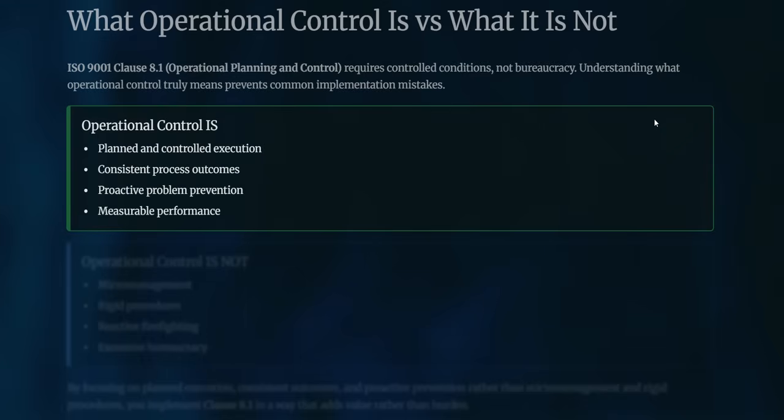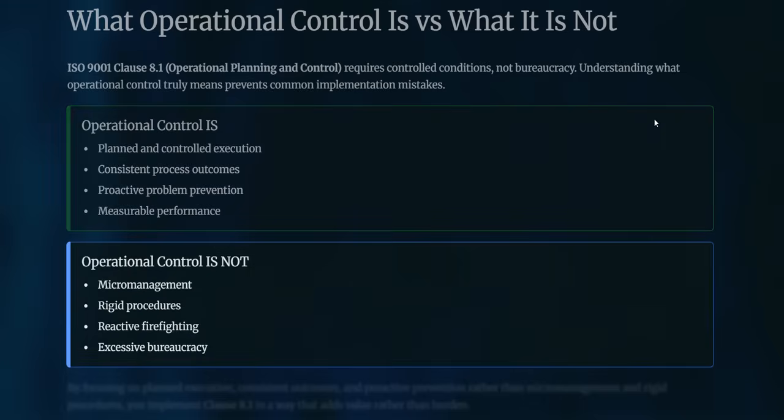First, operational control is the following. Operational control is plan and control execution. Operational control is consistent process outcome. And operational control is proactive problem prevention. And operational control is measurable performance. However, operational control is not micromanagement. Operational control is not rigid procedures.